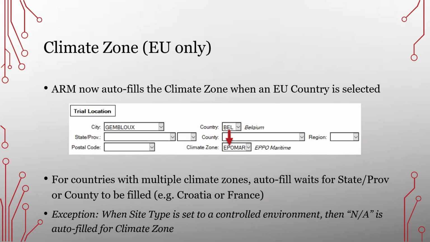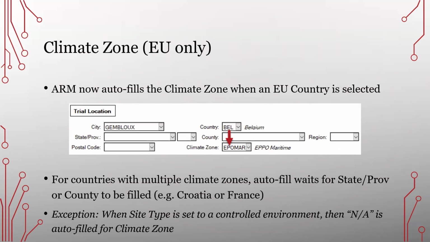So again, just trying to make ARM a little smarter, autofilling things when it's kind of a guarantee that ARM can know that information. And of course, just trying to keep it up to date with the climate zone definitions and finding those little subtle tricks of when your country isn't quite that homogeneous as far as climate zone goes.